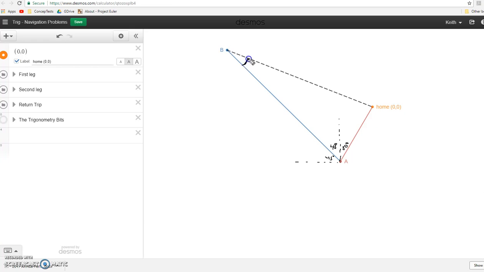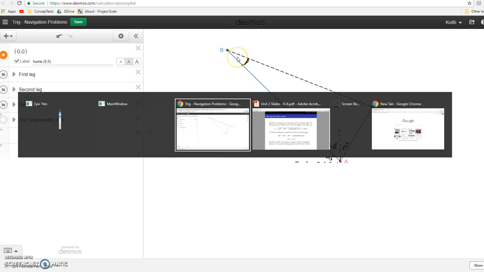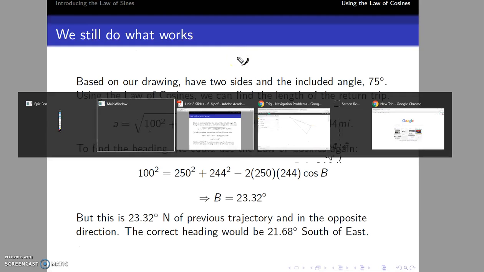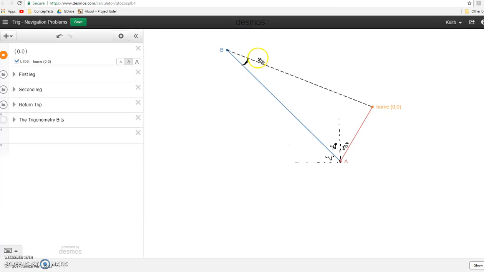Right, using the law of cosines, we find this angle right here. Which, I mean, is technically viable. That tells me, okay, wherever I'm going, reverse direction and angle myself northward by 20, however much degrees it was, 23.3 degrees. Angle yourself upward and drive, you'll find home. That's definitely true, right?